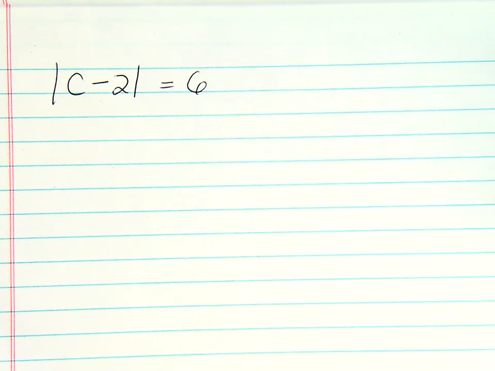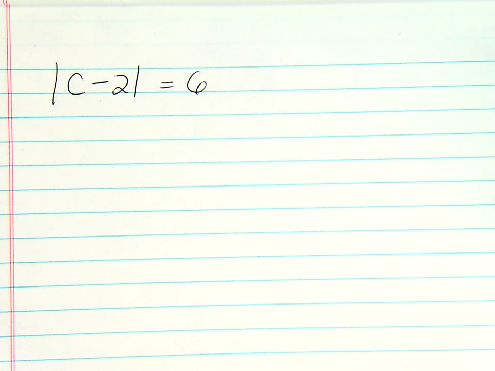Well, now, because we understand that what we're looking for is a positive answer, of course, and we have this absolute value equation, we are going to have to figure out a couple of things that are different with c.